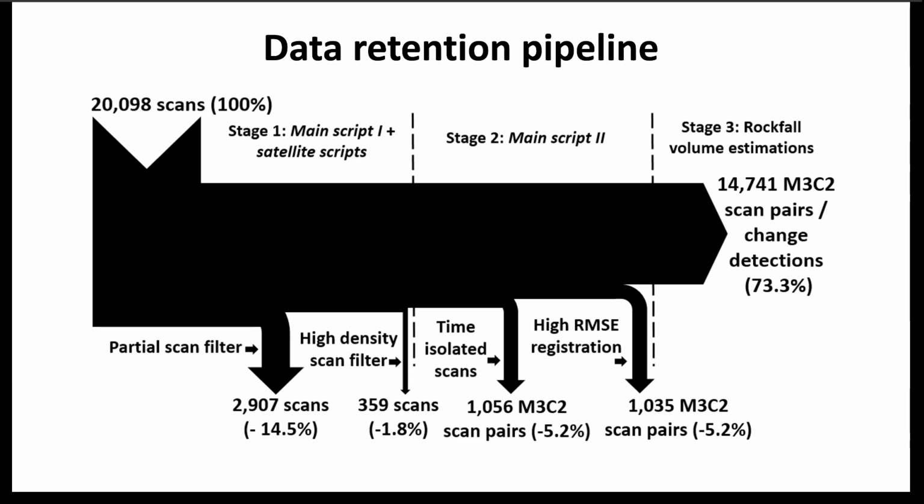Much of that is because of inclement weather, where very heavy rainfall, snow or fog means the laser can't penetrate the atmosphere and reach the cliff face, so we don't get a measurement. So we do lose quite a lot in the process. Even though we've collected a lot of data, we are losing around 5,000 scans, around 25%, that are good enough to do some kind of change detection upon.